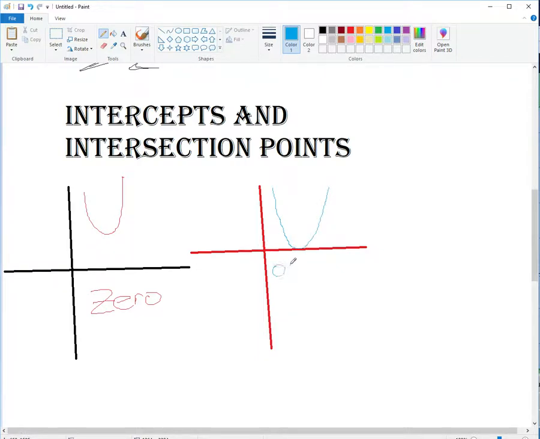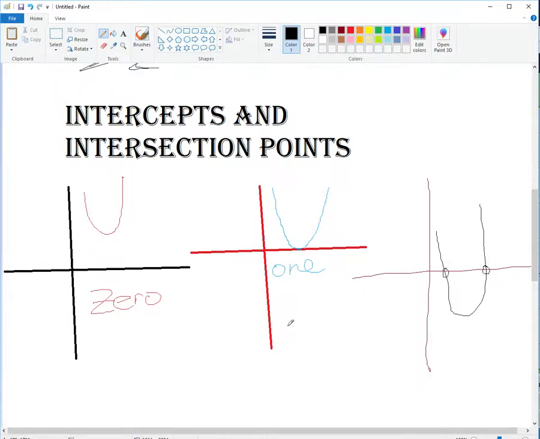Here we have 1. And then we can also have this, where we end up with 2. So 0, 1, 2.